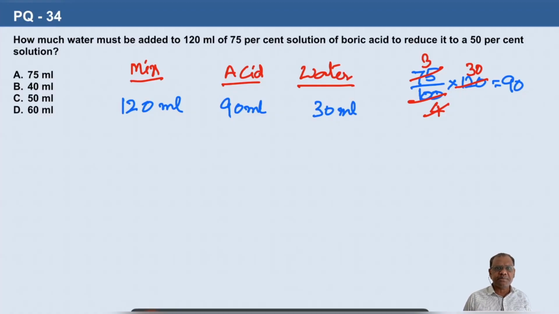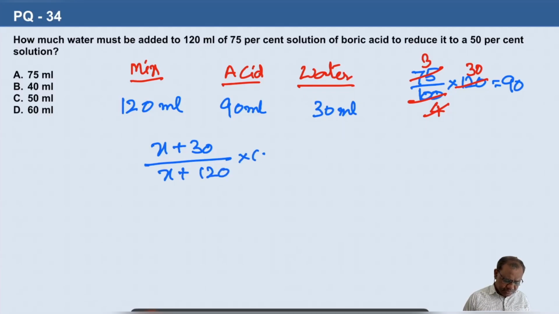So we should add water to the 30. Let us add x milliliters of water. Total is x plus 120. Percentage will become 50%. Simplify. 50 ones, 50 twos.